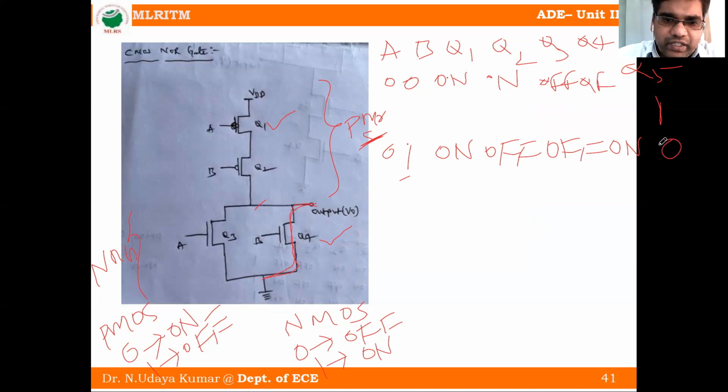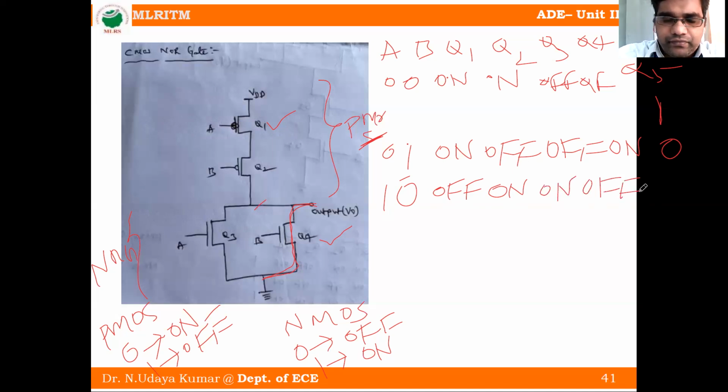Okay. Next, similarly, the 1 0 case. 1 is given to the PMOS transistor, so it is off. 0 is given to the other PMOS transistor, so it is on. And 1 is given to the NMOS transistor, so it is on, and the other one is off.